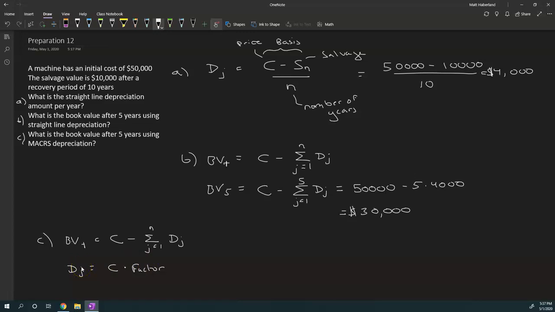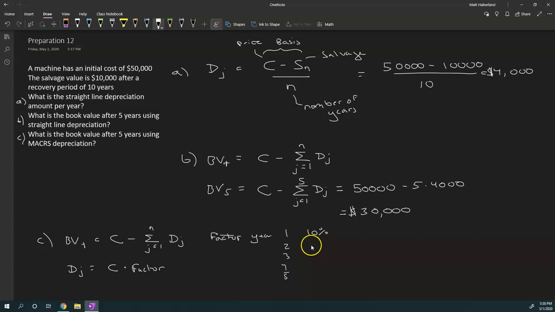So the factors, I think I've got them here for years 1 through 5. The factor for year 1, 2, 3, 4, and 5, when we're using a 10-year MACRS, if you look at the table on the previous page: in the first year it depreciates 10%.